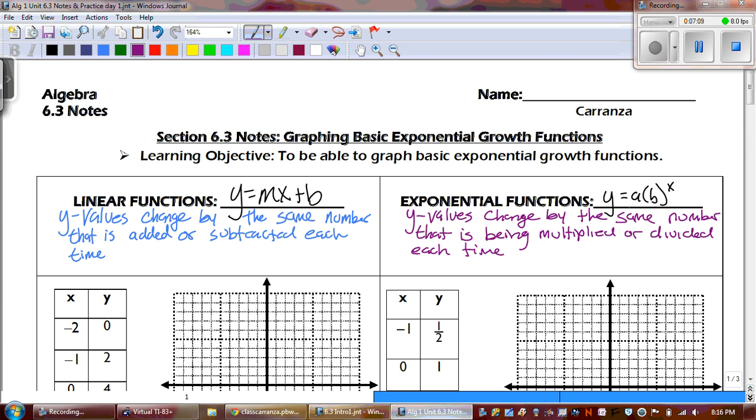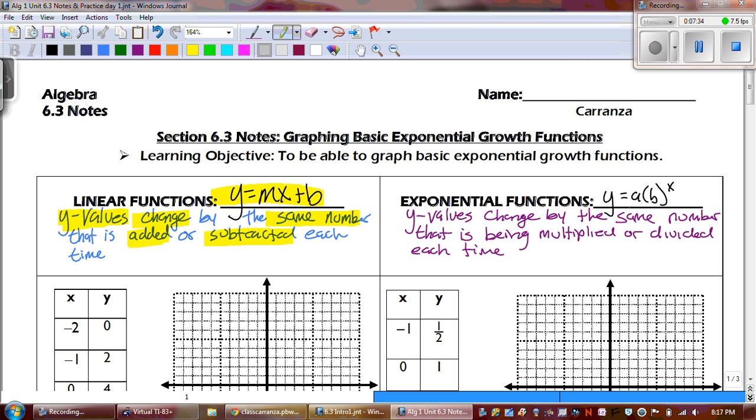But today we're talking about graphing the basic exponential growth. So the linear equation, which we just talked about, means that the y value changes by the same number by addition or subtraction. And these are the types of problems that we've been working with all semester so far. Okay?